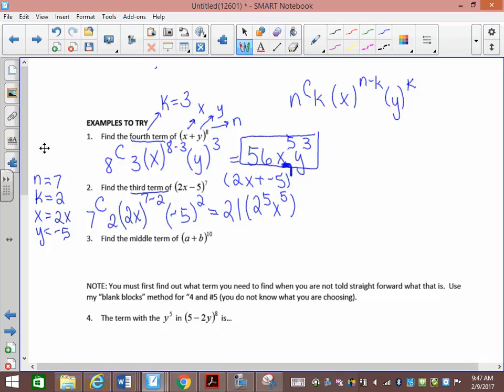And then negative 5 squared, positive 25. Then I have to multiply coefficients. So 21 times 2 to the 5 times 25. 2 to the 5 is 32. So 21 times 32 times 25 is a big number. X to the 5.